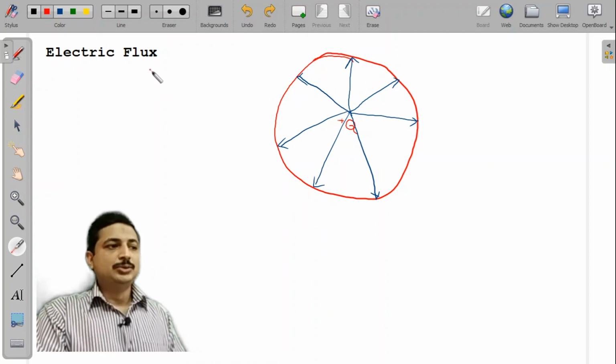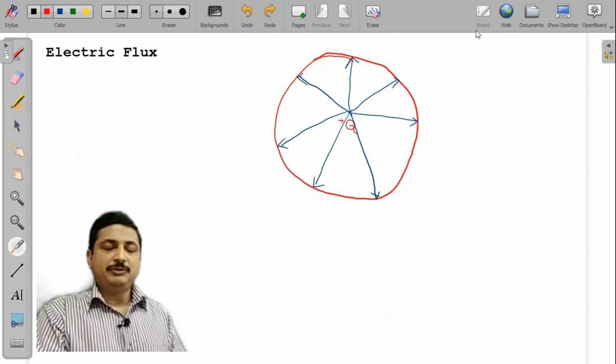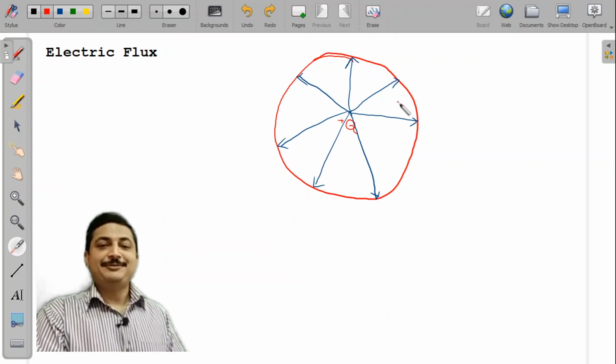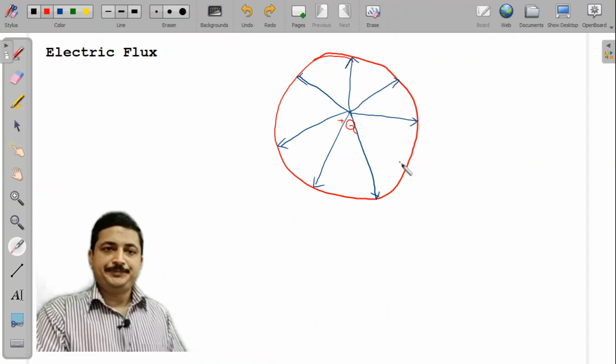Then, who told all this? Whatever I have explained till now was put forward by Faraday, a very common name in physics. So, this is a part of Faraday's experiment.